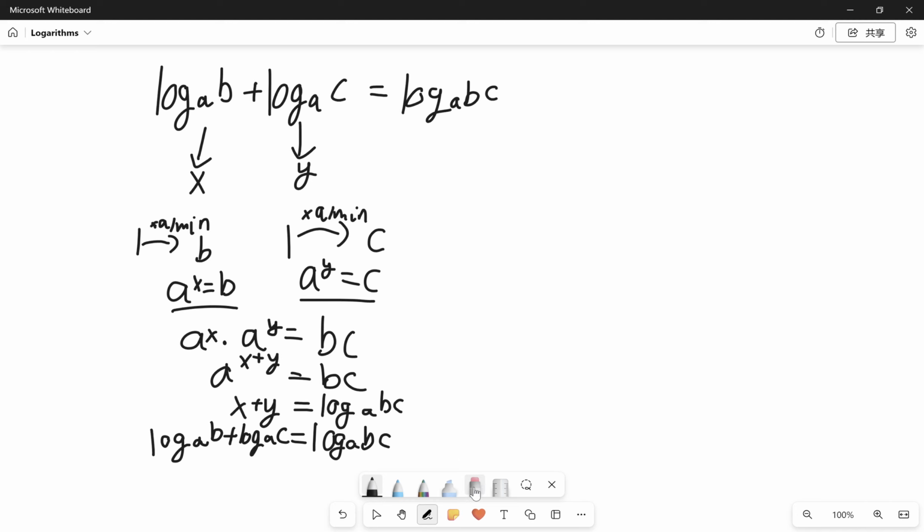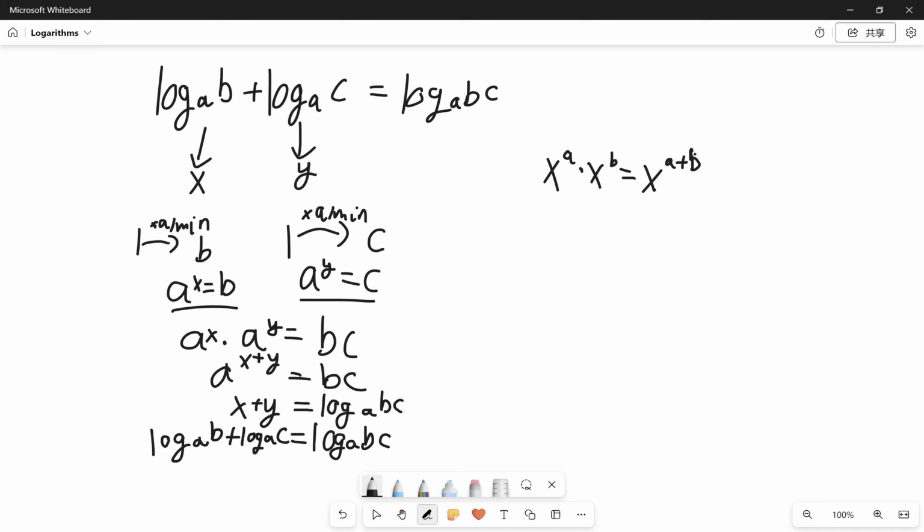Now one interesting thing you can find is that this is the exact opposite of the multiplication of exponentials. For exponentials, if you have x to the power of a and x to the power of b, you get x to the power of a plus b.